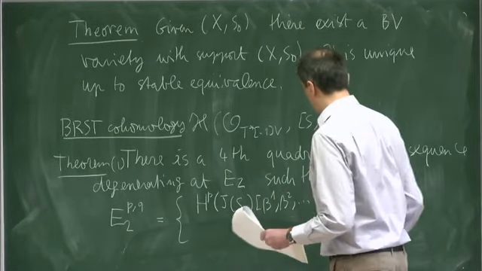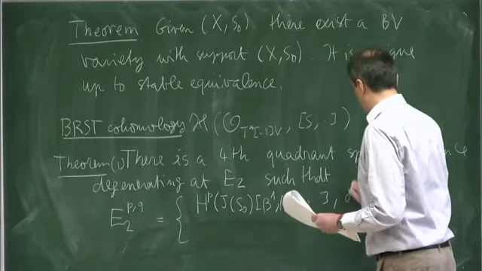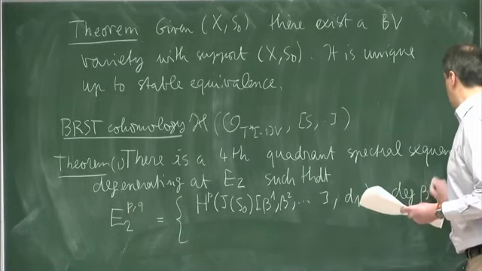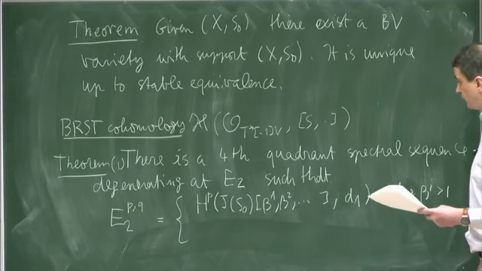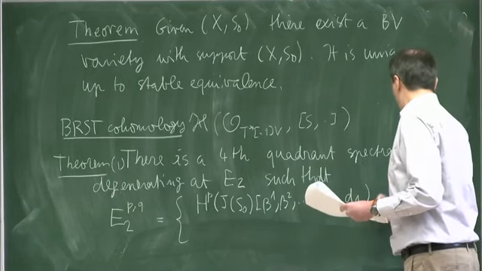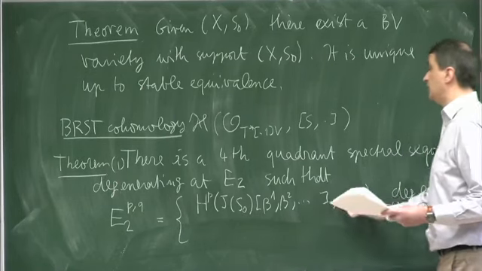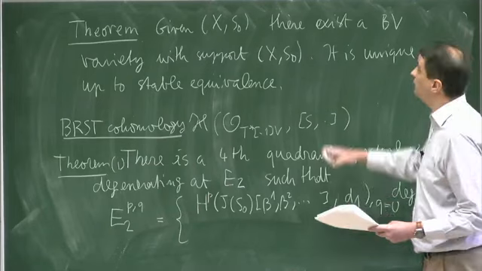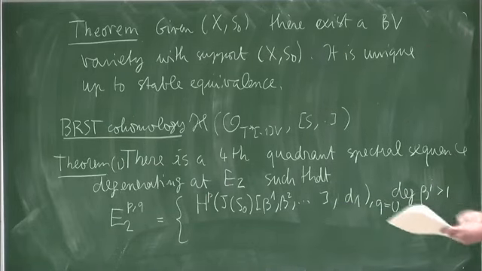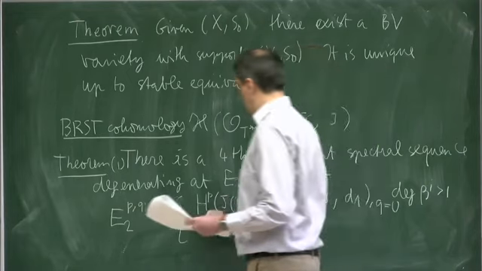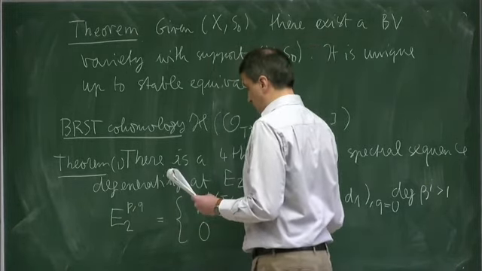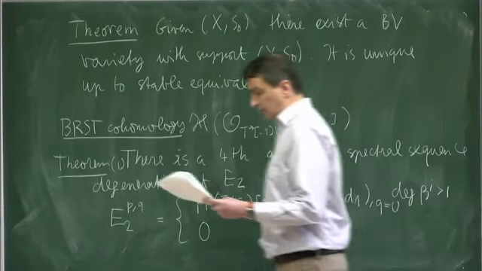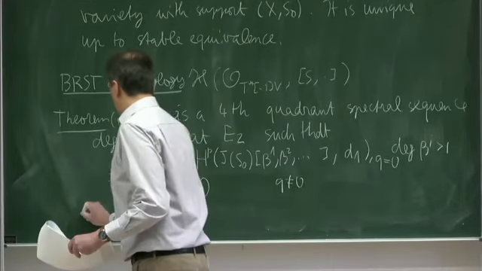But you can pass to the Jacobian ring with a certain differential D1, which I will not describe. And these are in positive degree. This is for q equal to 0. So there is a relatively explicit description of the complex. If you know S, you can write D1, but I will not write the details. And E2 pq is equal to 0 for q different from 0. Okay, so this is the first statement. And the second statement is about convergence.